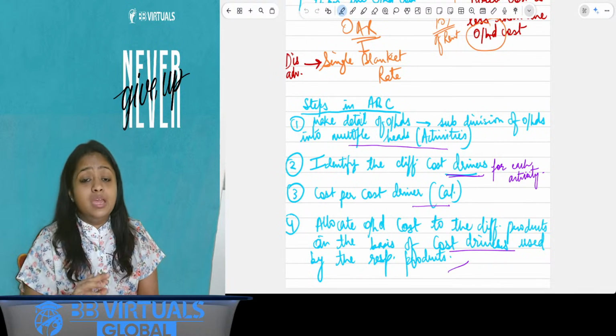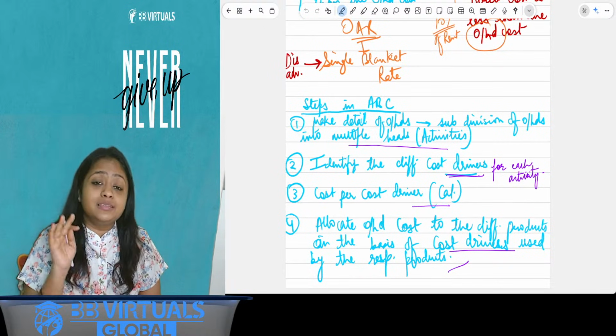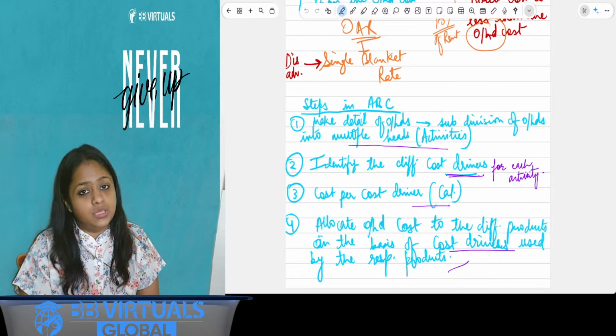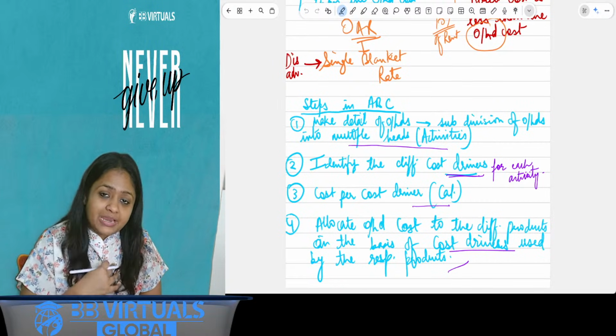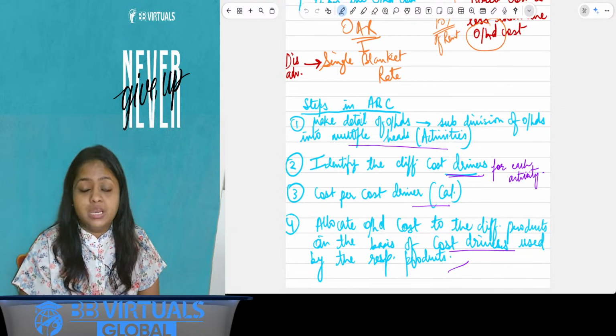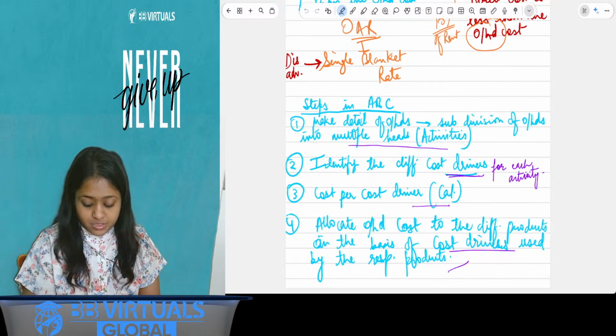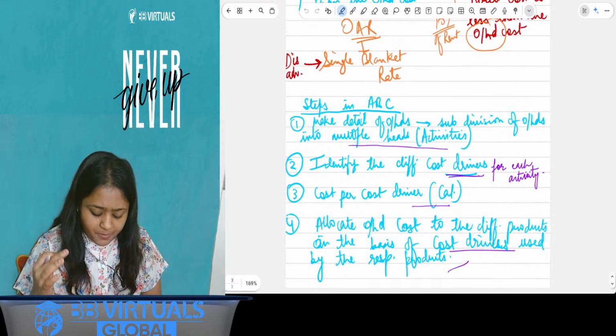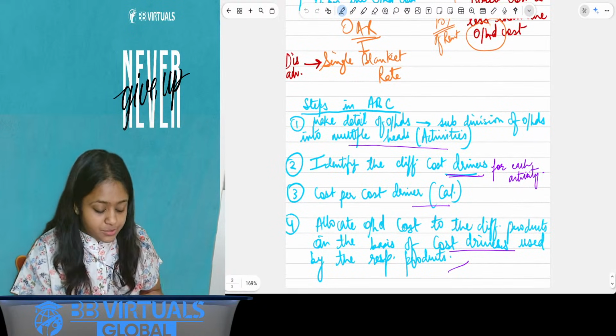Accordingly, on a very practical basis, every overhead will be allocated to the product cost. Finally, you divide the total overheads by the number of units of the product, so that you get cost per unit. I think we can quickly take up a question so that we are absolutely clear on it.